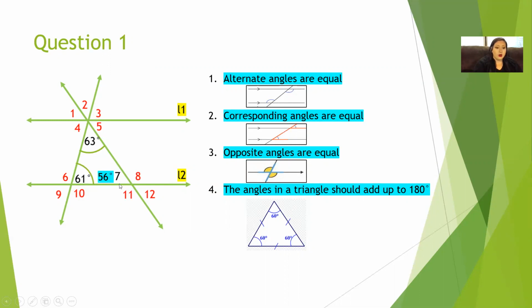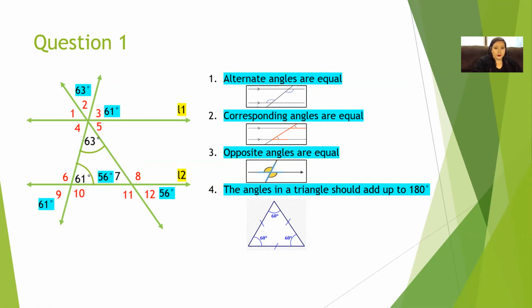Since we know angle 7, that also gives us angle 12 because of the opposite angles being equal, which is rule number 3. With opposite angles equal, we also know that 9 is 61 degrees and 2 is 63 degrees.